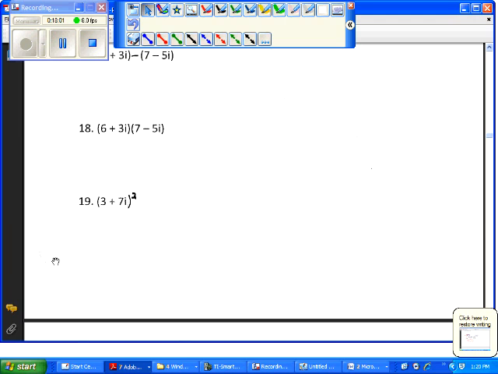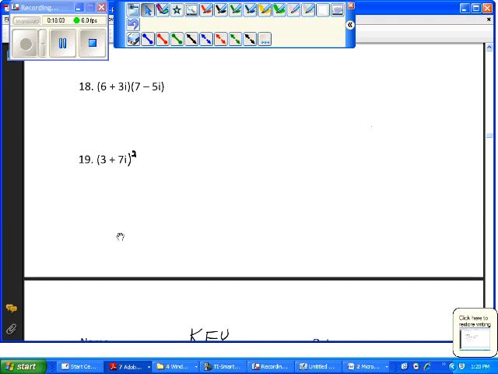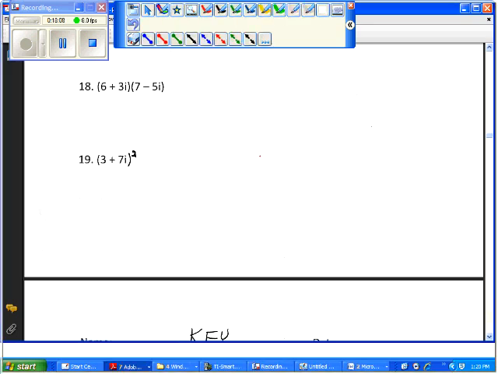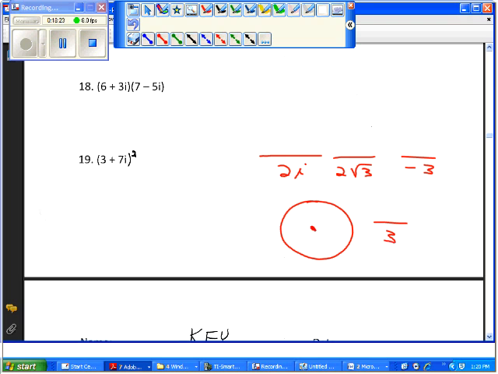Now, I want to talk about something again. Oh, I should have made one of those problems like that. We don't leave an i in the denominator, just like we don't leave a radical in the denominator, correct? Just like we don't leave a negative in the denominator. Because when we're thinking about a denominator like thirds, we're thinking I could take a piece of pie and cut that into 3 pieces, and the name of each piece would be a third.